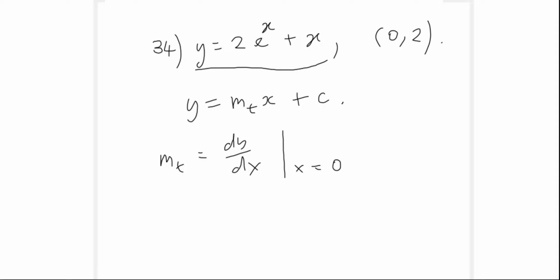So let's go ahead and calculate this derivative. Therefore, the derivative of y with respect to x is equal to the following. We differentiate 2 multiplied by e to the power of x plus x with respect to x.